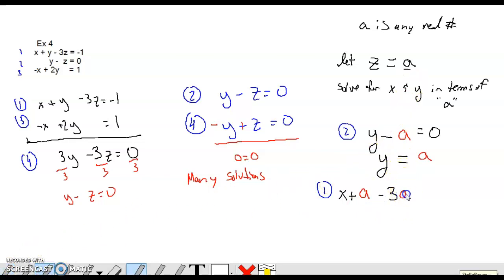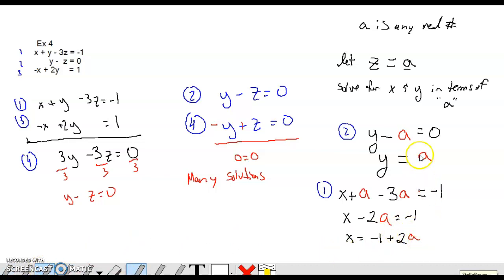Z is also a, is equal to -1. So now let's combine like terms. So x plus a minus 3a, so that'll be minus 2a, and then equal to -1. Add it to the other side, so -1 plus 2a.